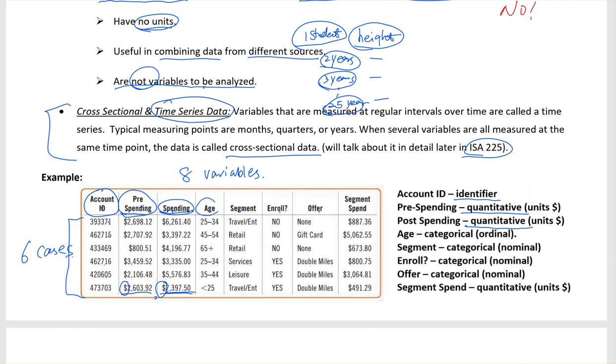Okay, next, age. This variable is interesting. Think about it. I give you 10 seconds to think about it. Age.